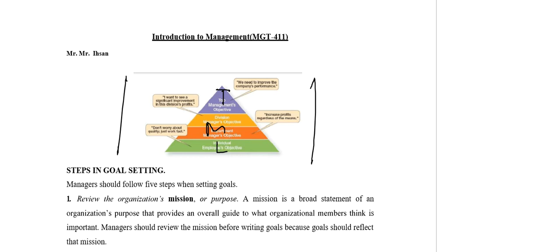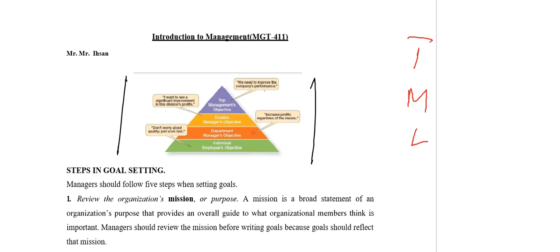Students, first of all, goals are set at top level, then they are transferred to division level, then transferred to departmental level, and then these are transferred to low level. As I have told you, goals are set at the top, then communicated to middle level and then communicated to low level.